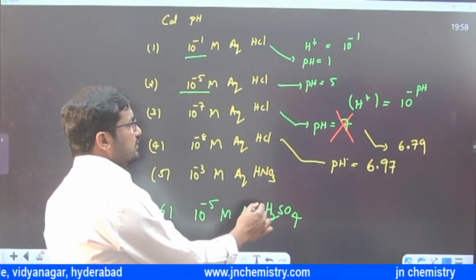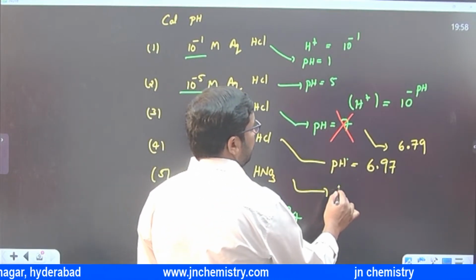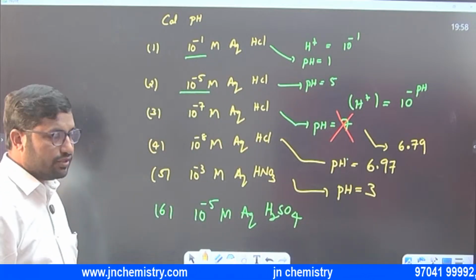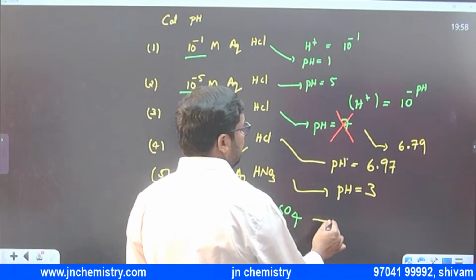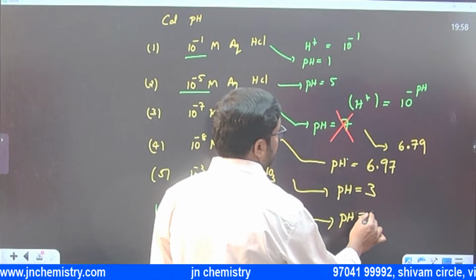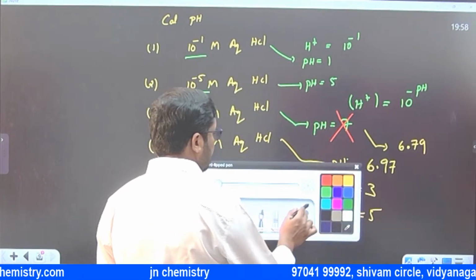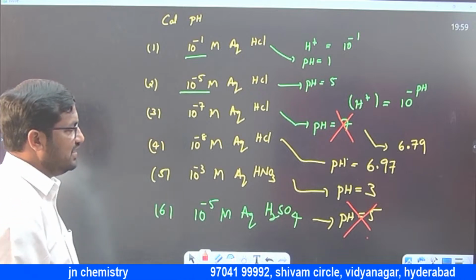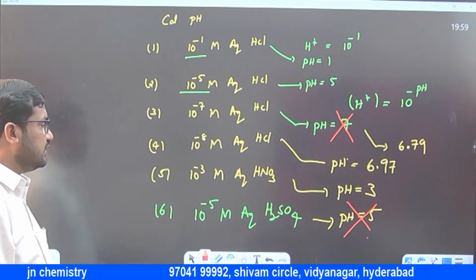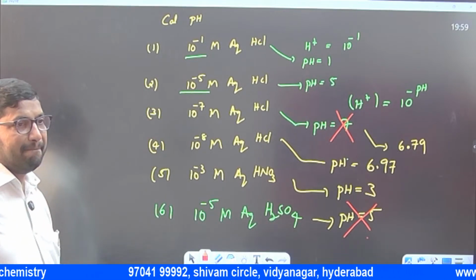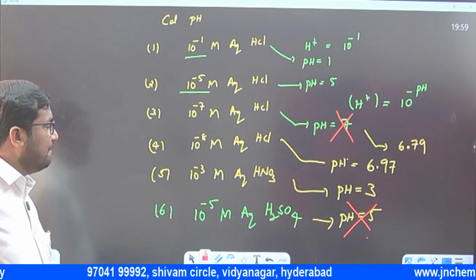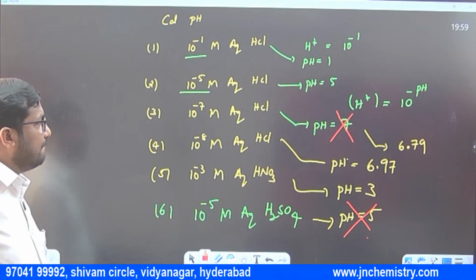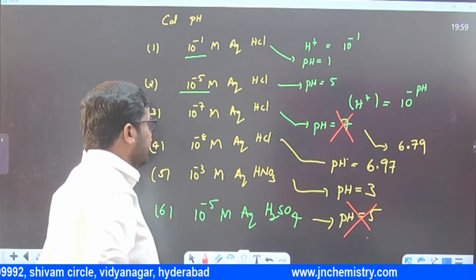Here pH is equal to 3. So here pH is equal to 5. pH is equal to, the last one, what?